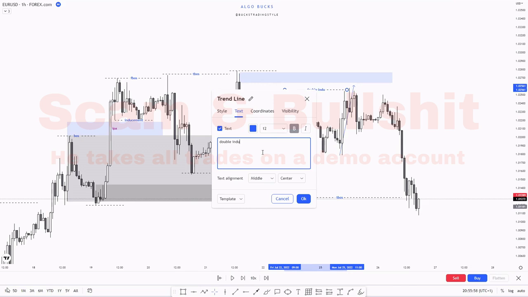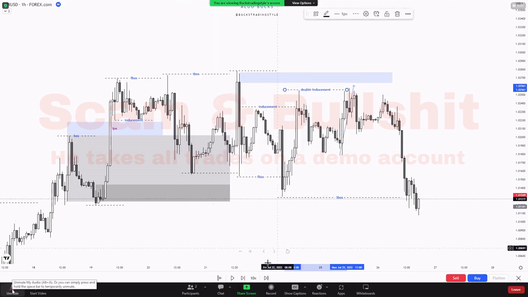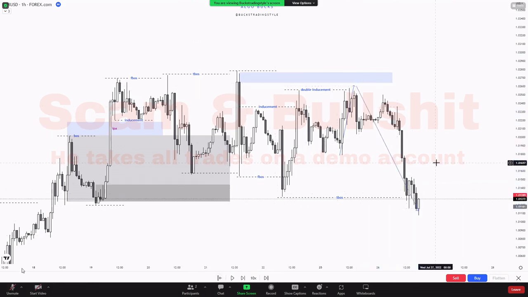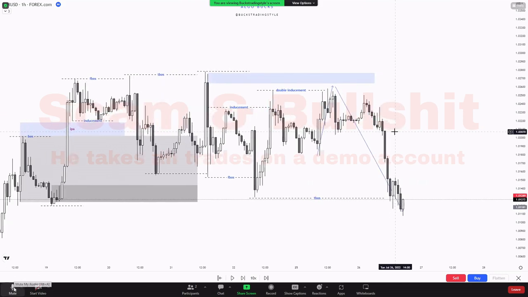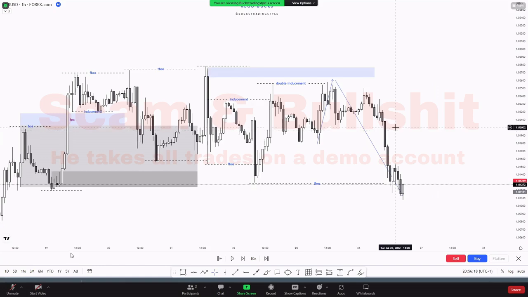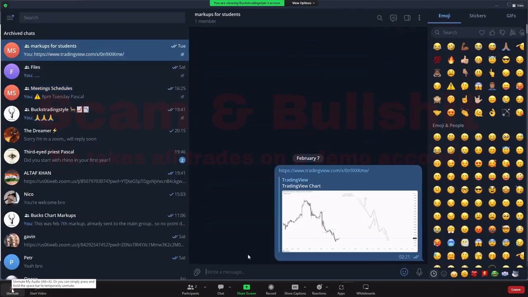After price takes out that high, it then goes down to the true break of structure. You understand this? Yes. This is a perfect example. Good. So now let me see these two markups.